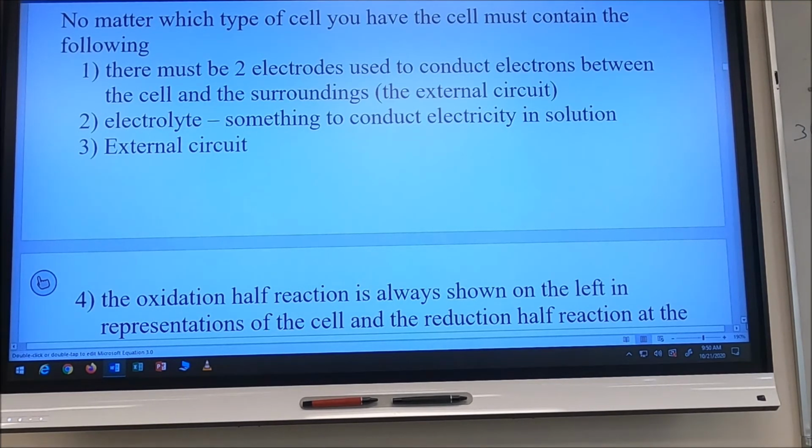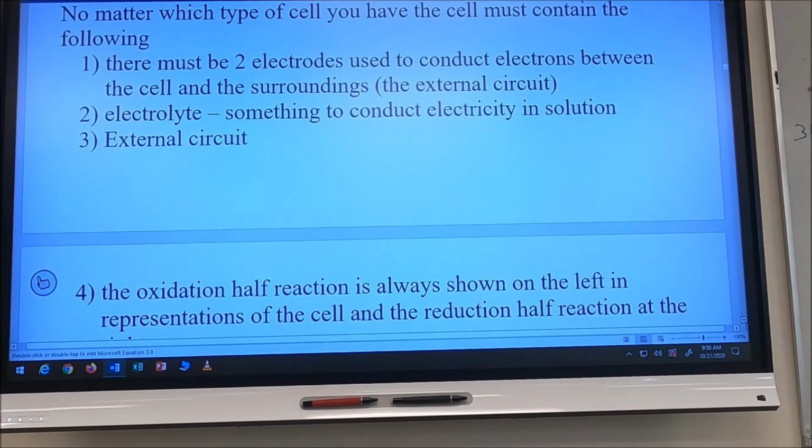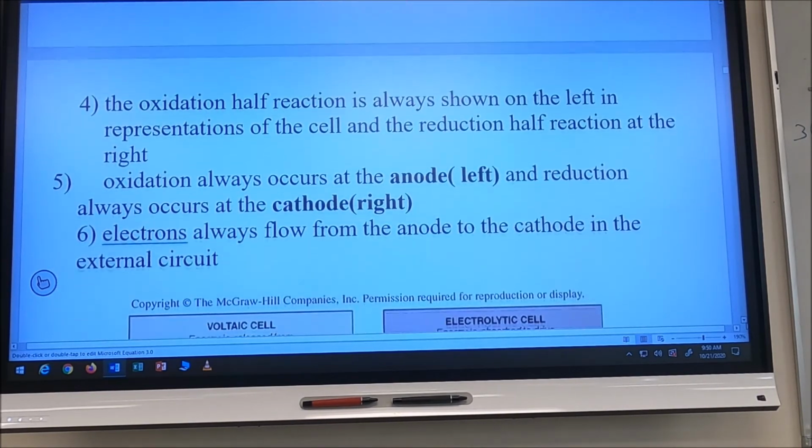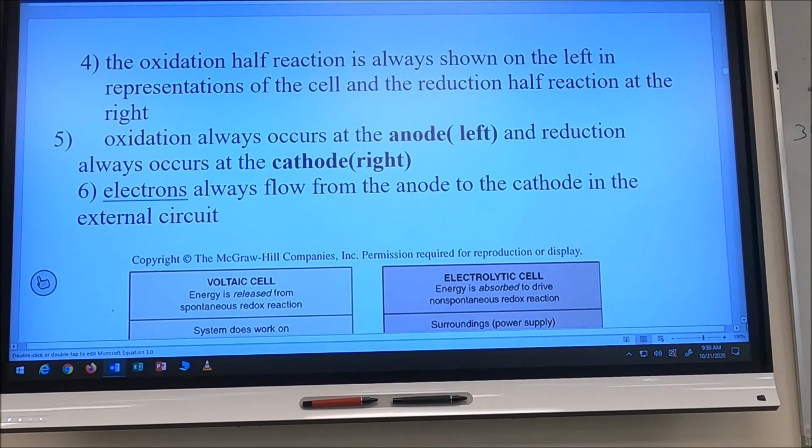Okay? And when we draw electrochemical cells, the oxidation half reaction is always shown on the left in the representation of the cell, and the reduction half reaction is shown on the right. Okay? So you think about losing electrons before gaining. They're going on simultaneously, but as we read an electrochemical cell, we always put the oxidation on the left.